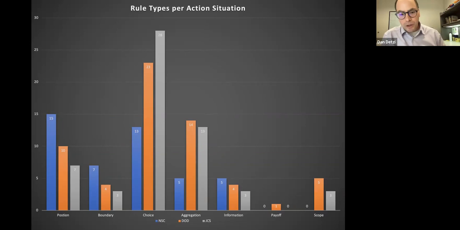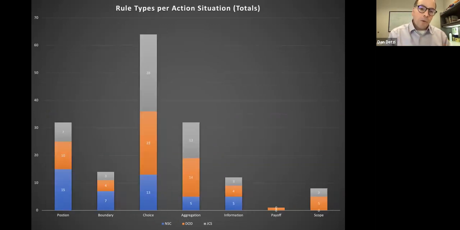The thing to note here is the absence of payoff rules and scope rules, or the near absence. And I'm going to talk about that in a second here, and why I think that's important. And here's just another way of visualizing it for totals. So you can see choice rules takes up a big chunk of the 163 rule types.